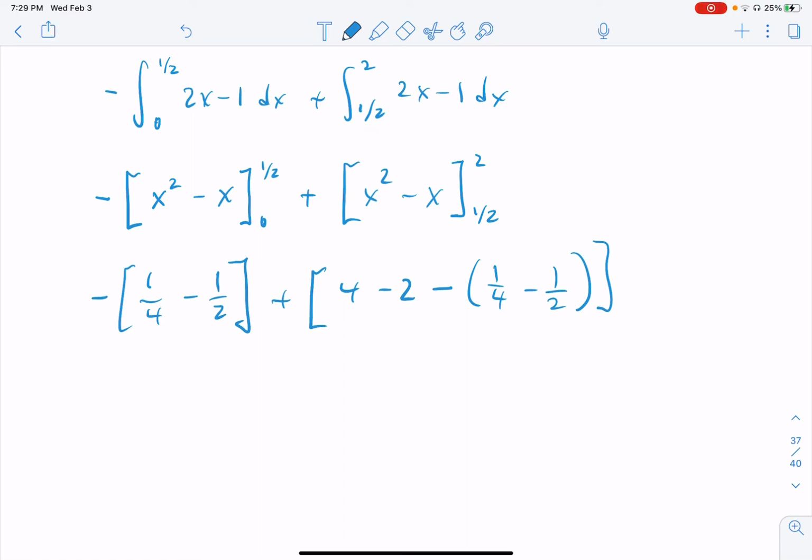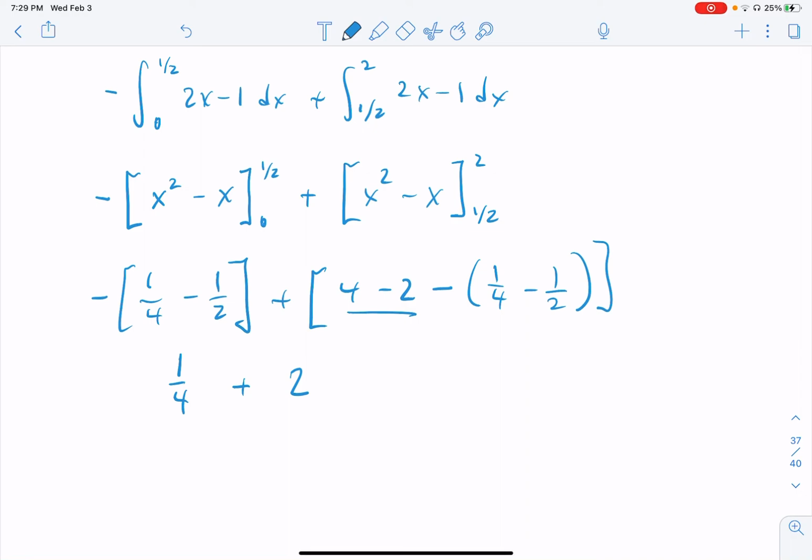All right, and let's simplify. Inside the parentheses here, 1/4 minus a half gives me a negative 1/4. But then multiply it times the negative sign gives me a positive 1/4. Plus, that's just a 2. I'm going to get rid of my brackets and stuff as I go. That's just a 2. Minus, and then we've already done this problem.